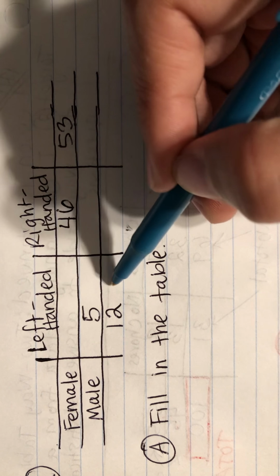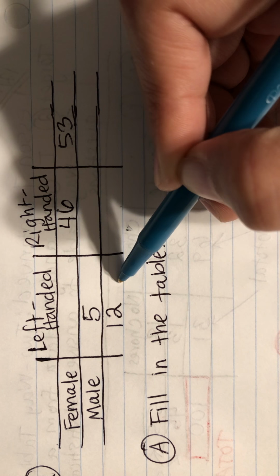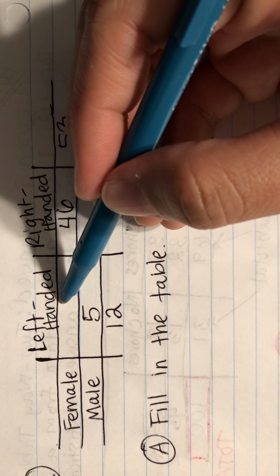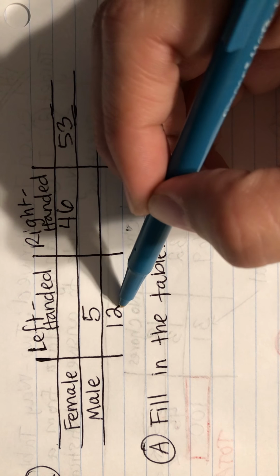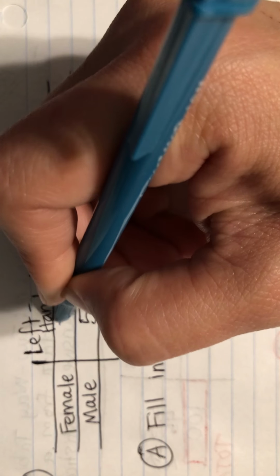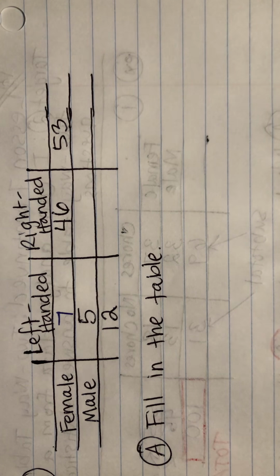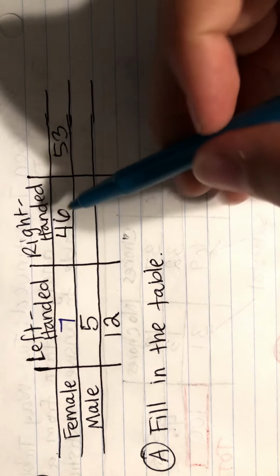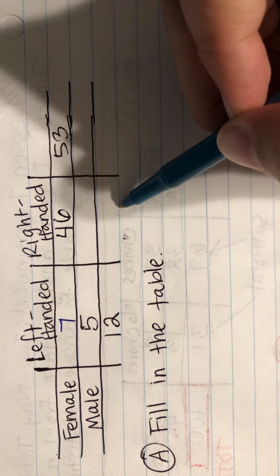This plus this should have given me this subtotal. So you got to think what number plus 5 would give us a total of 12. And the correct answer is 7. Now we can't do that over here because we don't have a subtotal.